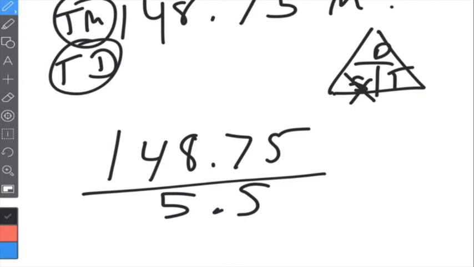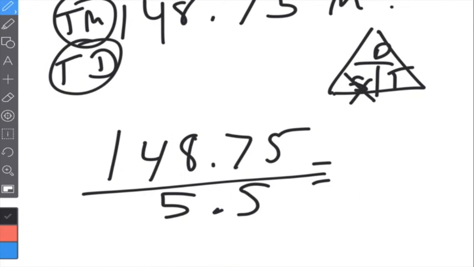So what you need to do is divide, and you may use a calculator. So if I take 148.75 and divide that by 5.5, because again, remember, it's total distance divided by total time, I'm going to get 27 point, it's going to be a long decimal. It's going to be, I believe, a repeating decimal.